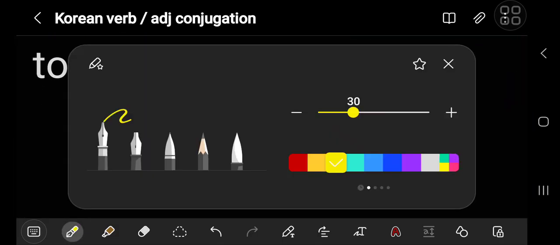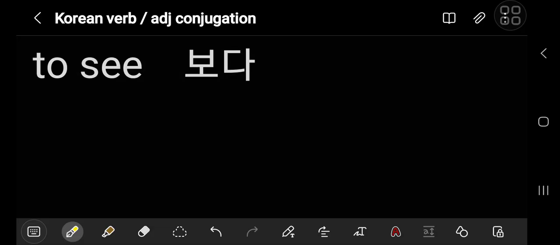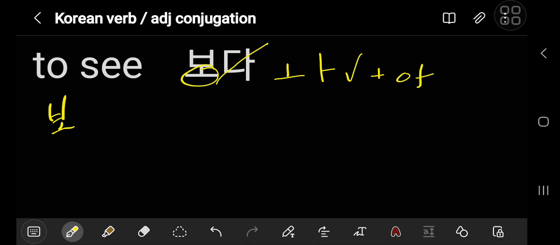Now 보다, to see, to look. Now we kick off that da. And what is the vowel? The vowel, is it an o or an a? Yes, it is. So we want to add a. And this is like to come. So when you have bo plus a, it can become 봐 instead of bo a.